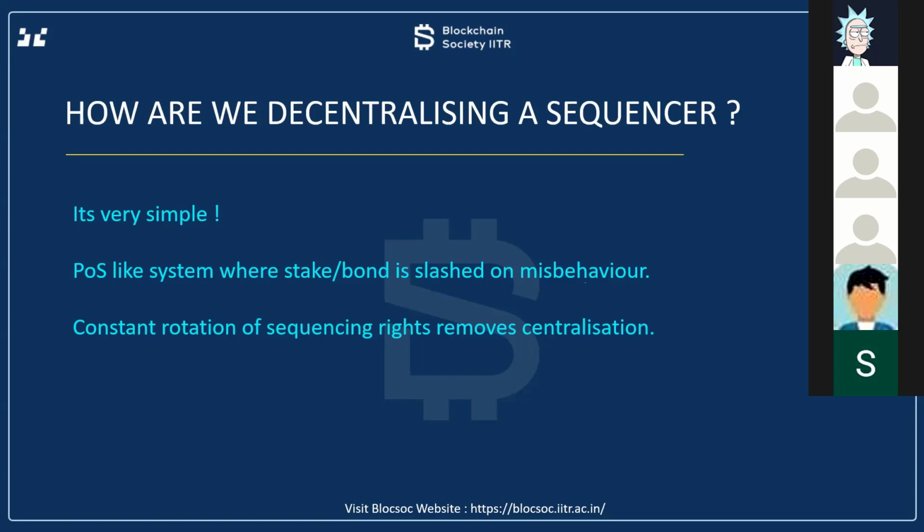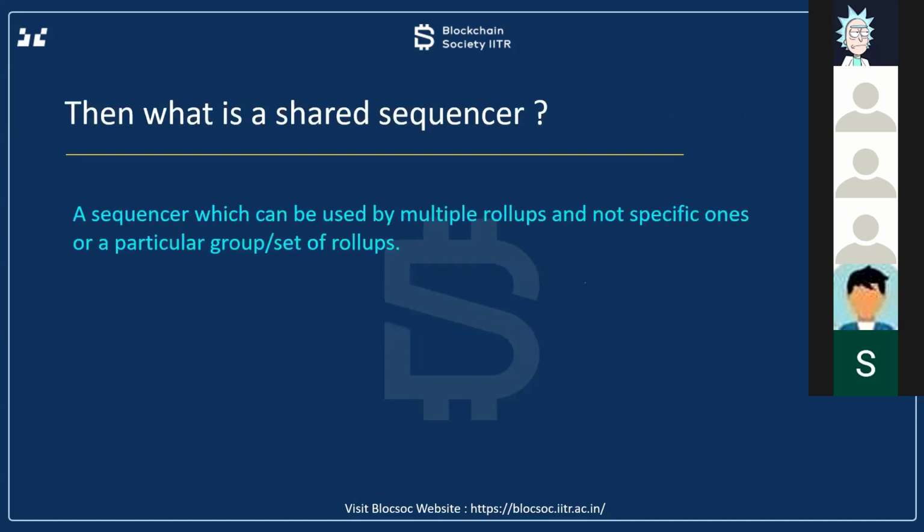And there is a constant rotation of sequencing rights. So now no single sequencer will have the right to sequence the transactions that are in the mempool, and this maintains the decentralization aspect of these sequencers.